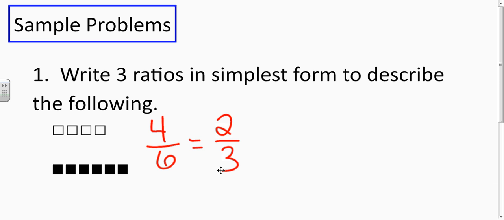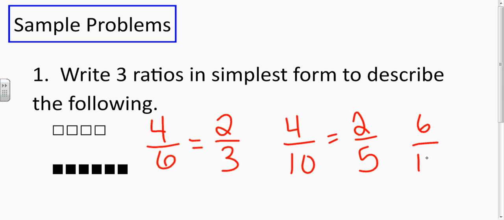Or I could do something like there are 4 white squares to 10 squares total. So if I want to reduce that, that would be 2 to 5. I could also do something like there are 6 black squares to 10 squares total, and that would reduce to 3 to 5.